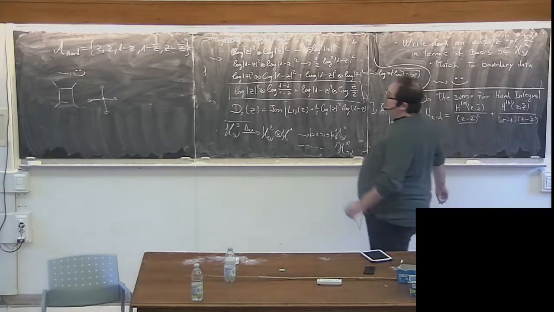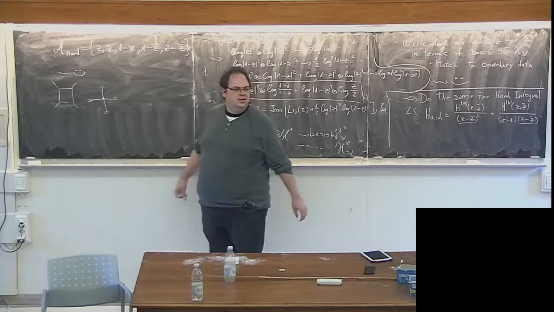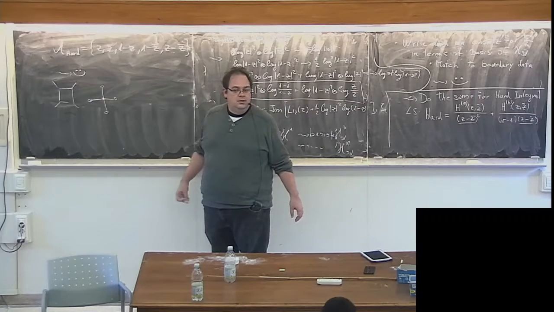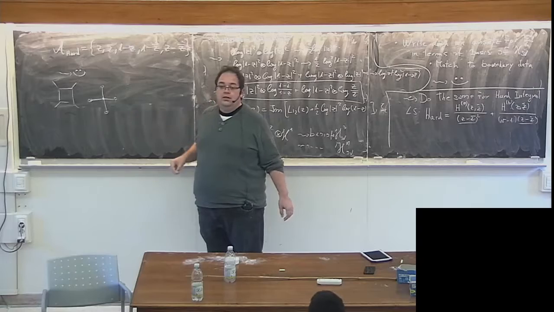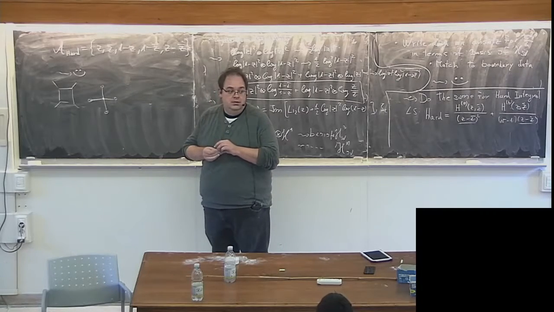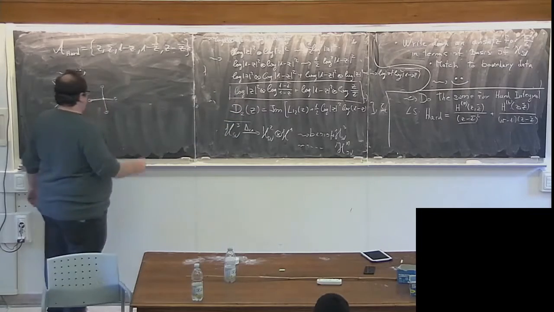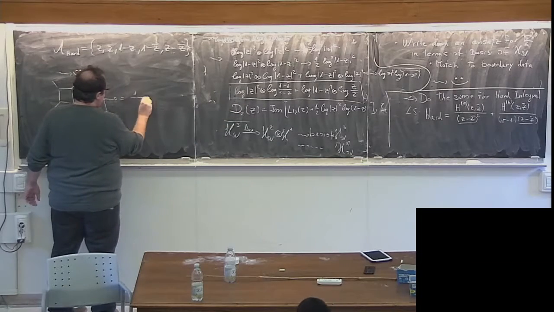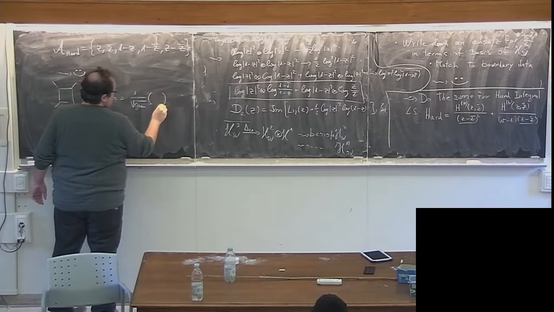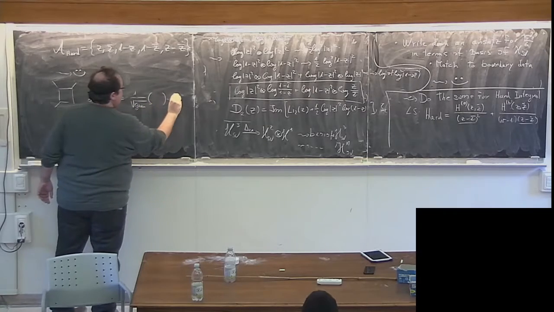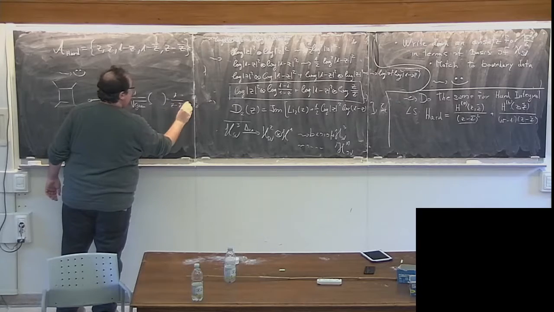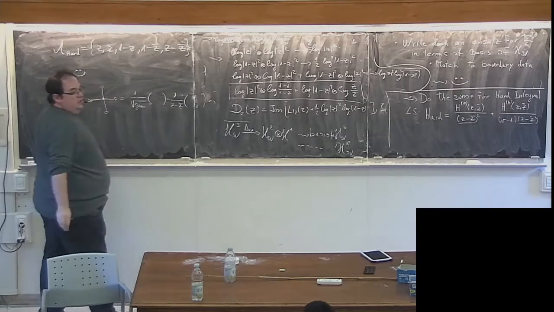We actually computed its leading singularity yesterday morning. That was precisely this thing, and we got 1 over the square root of the Gram determinant, which is precisely z minus z bar. So one leading singularity, which is z minus z bar.